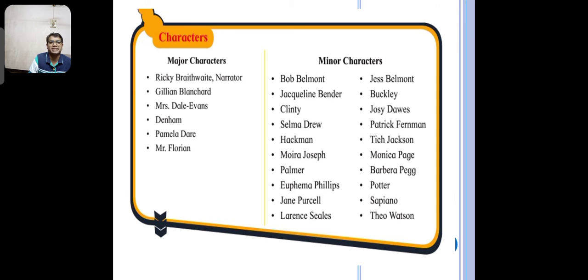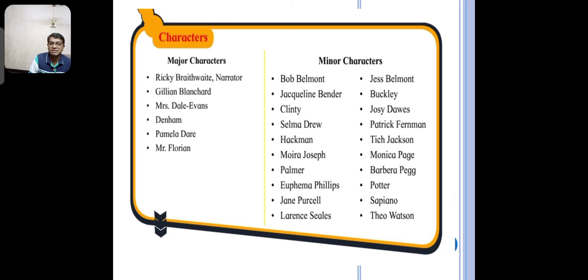Minor characters come and we meet them in between the stories. But major characters we find throughout the story. That is the difference between major and minor characters.